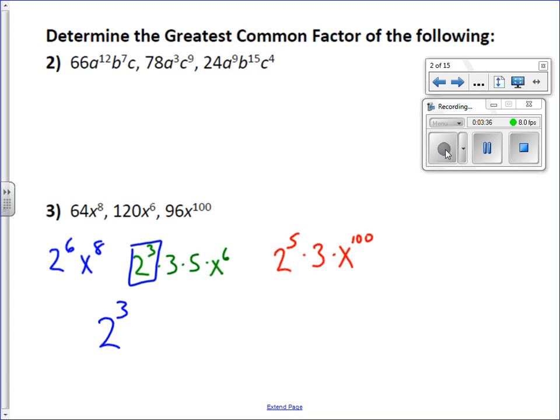They do not all have a 3 in common. They do not all have a 5 in common. They all have an x in common, and they all have at least x to the 6th. So that is your greatest common factor.